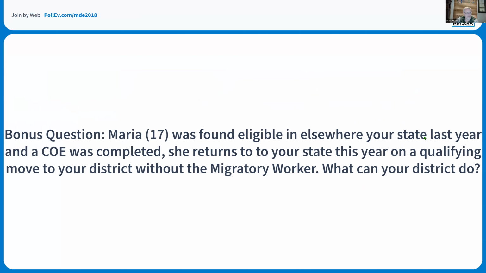Bonus question is, Maria, 17, was found eligible elsewhere in your state last year and a COE was completed. She returns to your state this year on a qualifying move to your district without the migratory worker. So there's no migratory worker, but she moved to your state, to your district, right after, or without the worker.